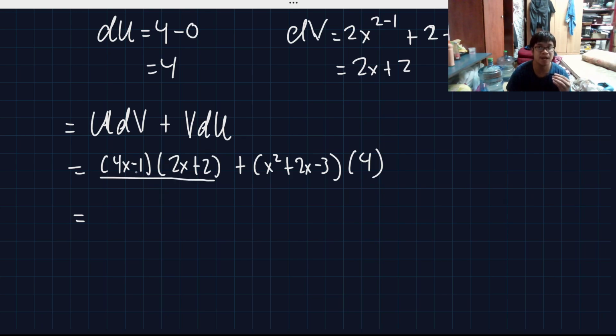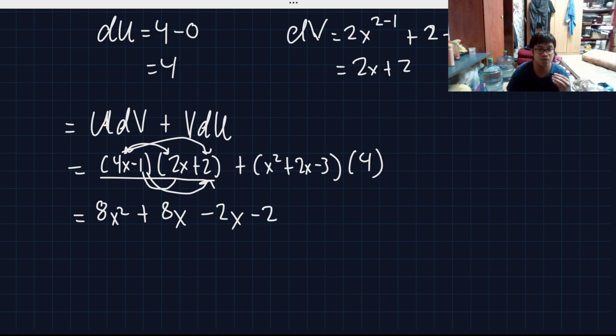We can just apply the FOIL method. 4x times 2x, we will have 8x squared. 4x times 2, we will have plus 8x. Negative 1 times 2x, we have negative 2x. And negative 1 times 2, we will have negative 2.